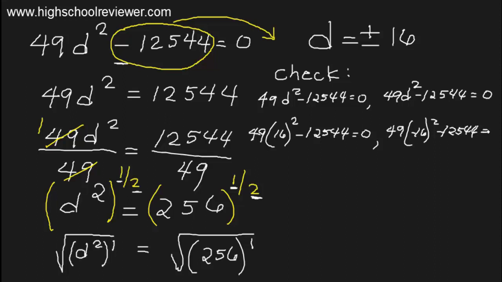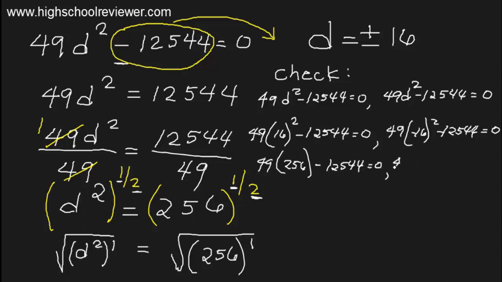So we have here 16 raised to the power of 2, that will give us 256. So this will be 49 times 256 minus 12,544 equals 0.